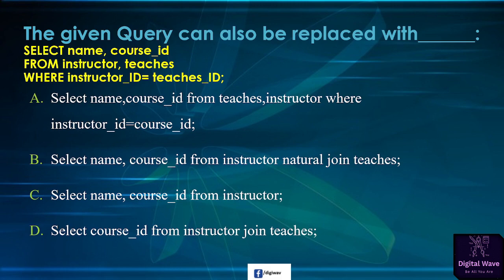So here we have this query, and the question is which option can replace this query. So one by one you have to read all the options available here and give the right answer. You can take your time by pausing this video. So the right answer will be B, join clause joins two tables by matching the common columns.